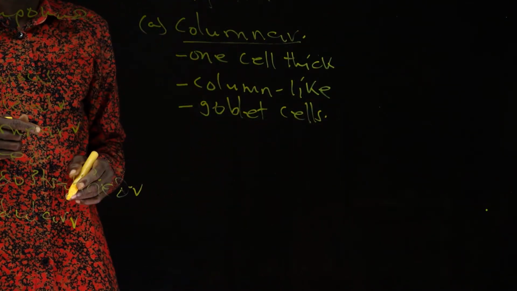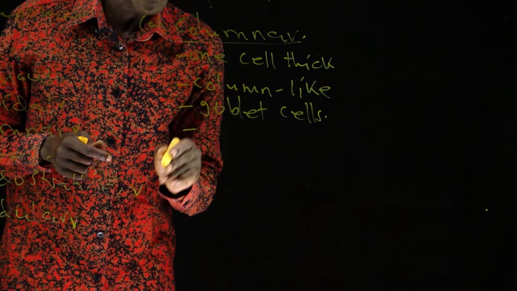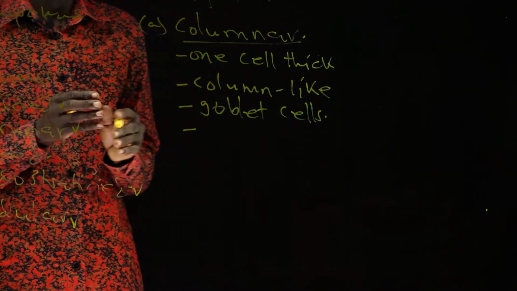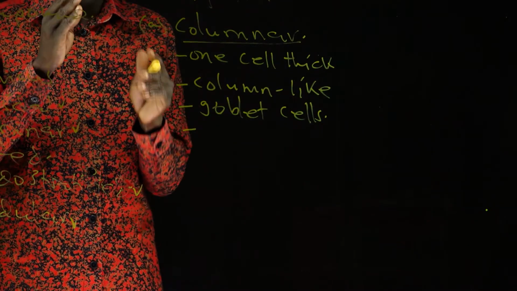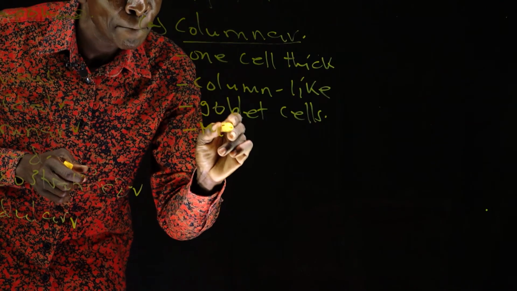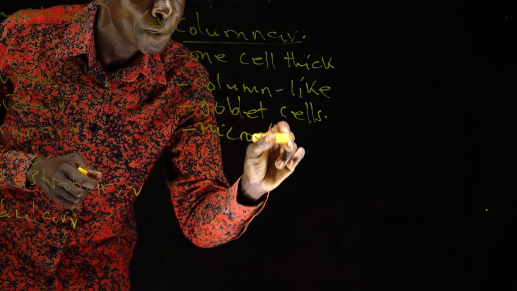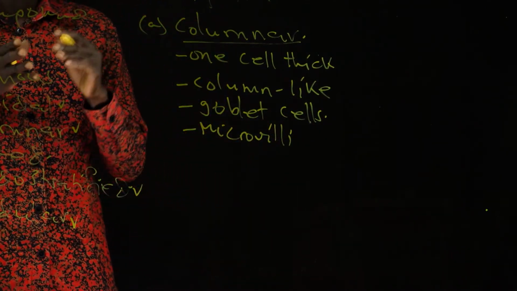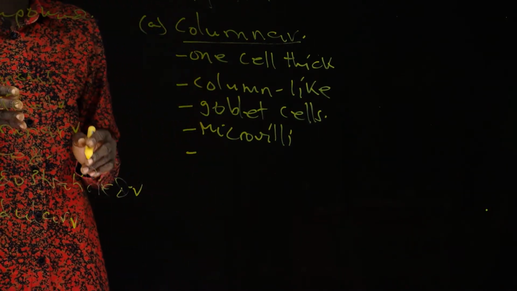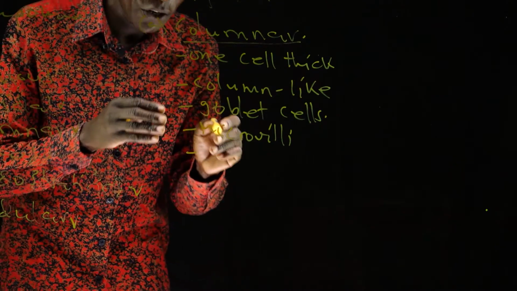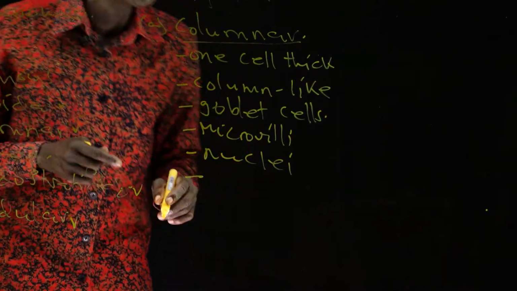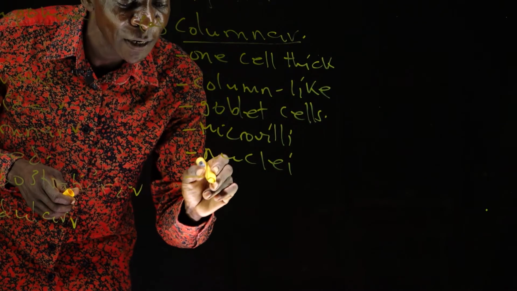These secrete mucus. The free end of each cell has finger-like extensions called microvilli, to increase surface area for absorption, and the cells contain a nucleus and rest on the basement membrane.